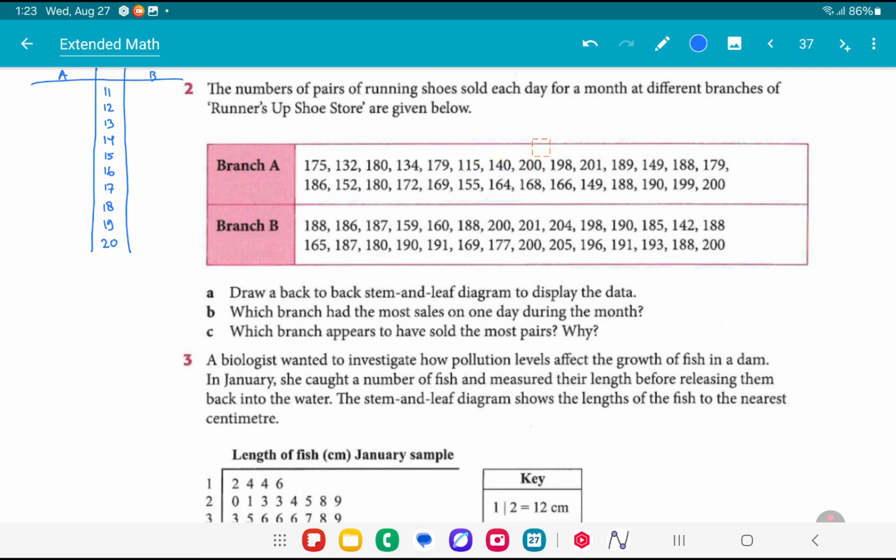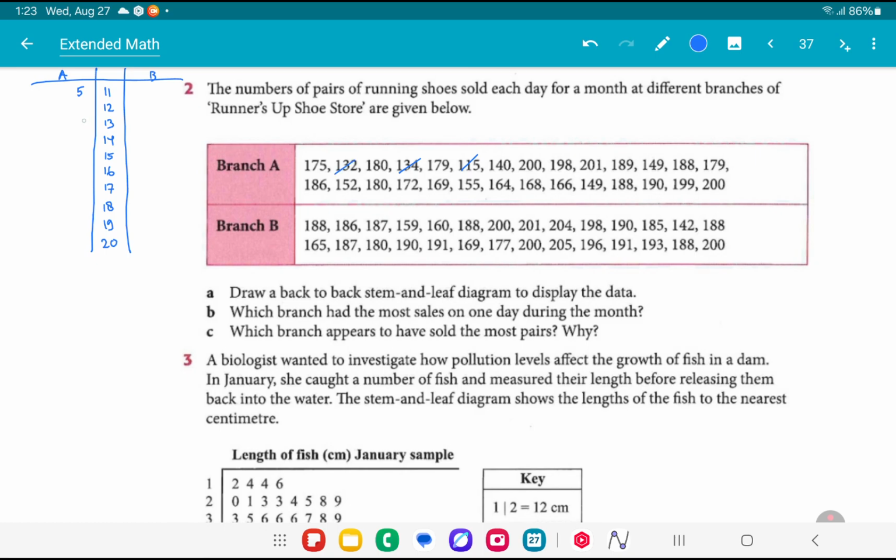For brands A, the smallest is 115, and we continue with 120, there's no, and 130, we get 134, we get 132.